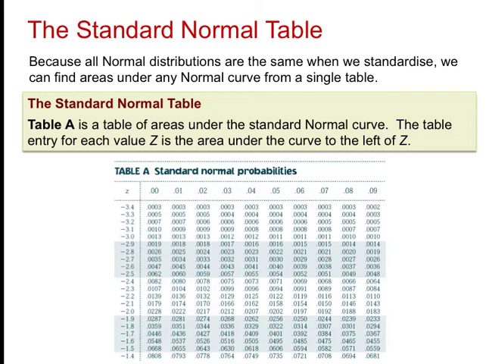The table entry for each value z is the area under the curve to the left of z and ranges from minus 3.49 to plus 3.49. The table allows one to look up values for probabilities or percentages of a population expected to score above or below the obtained z-score.